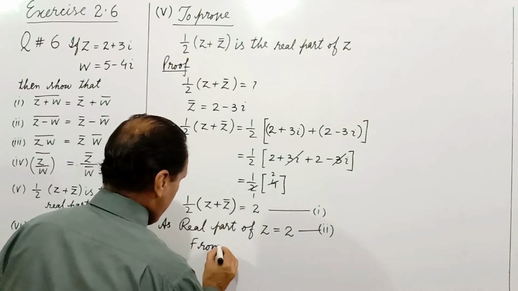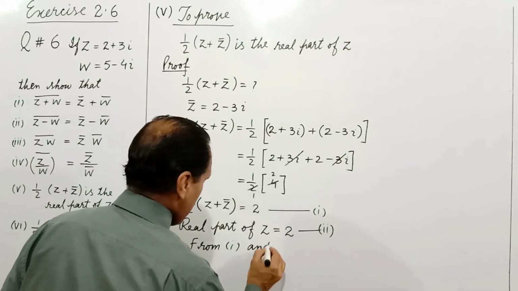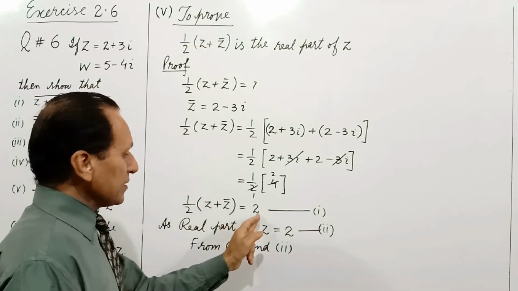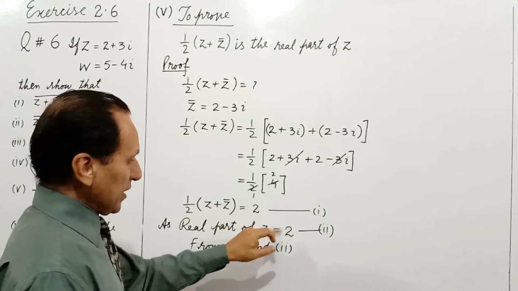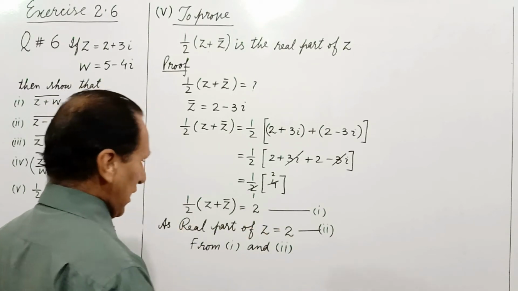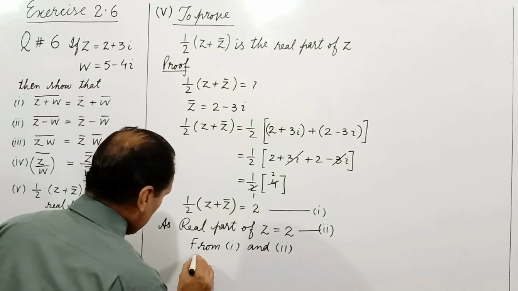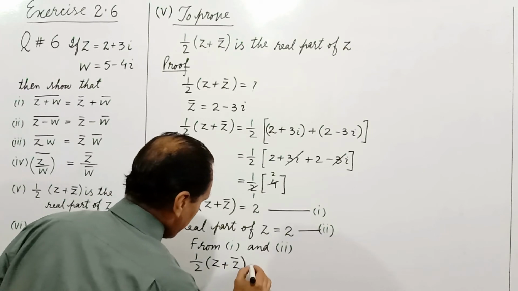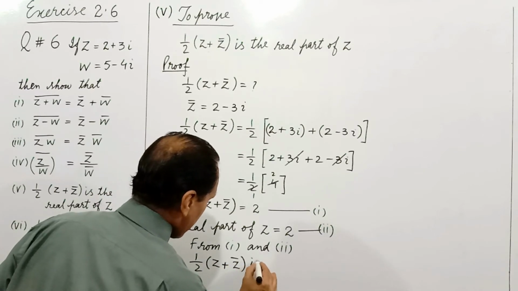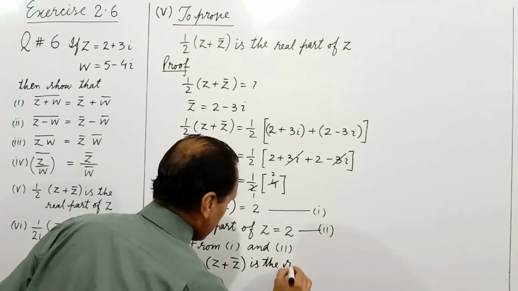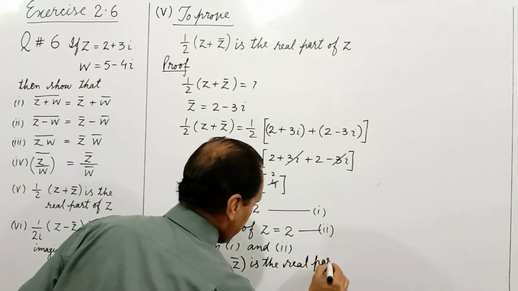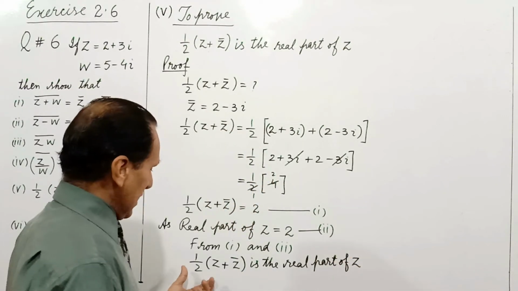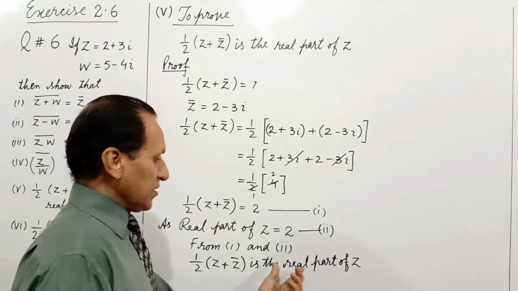From 1 and 2, we observe the right side is same, so therefore we can equate the left hand side by the transitive property, and that is 1 over 2 into Z plus Z bar is the real part of Z. And hence that is proved, 1 over 2 into Z plus Z bar is the real part of Z.